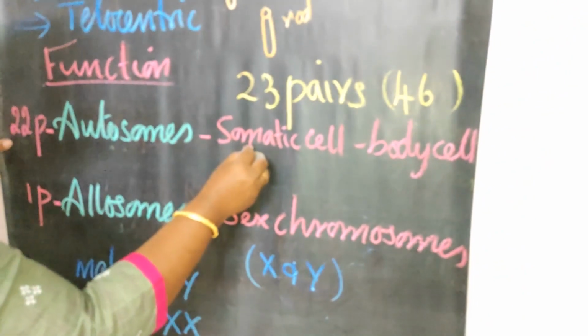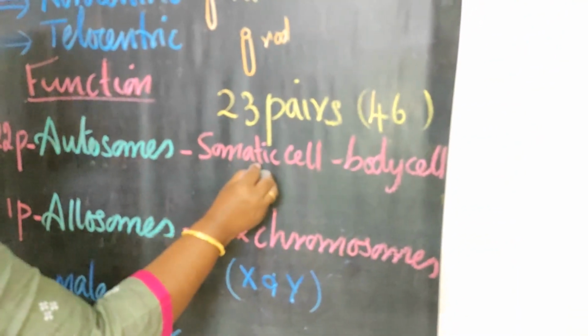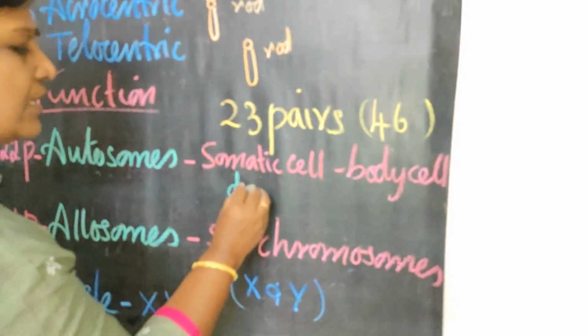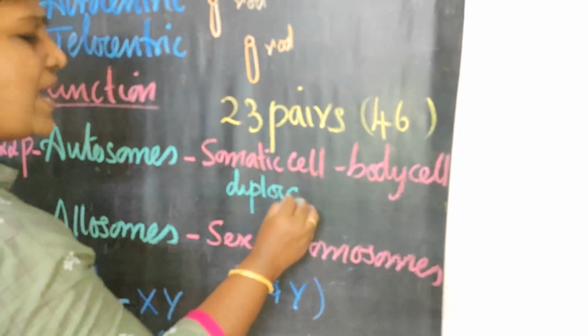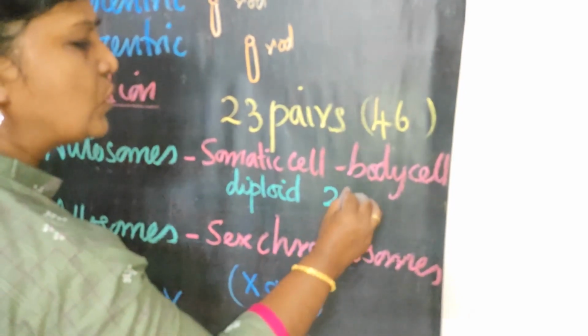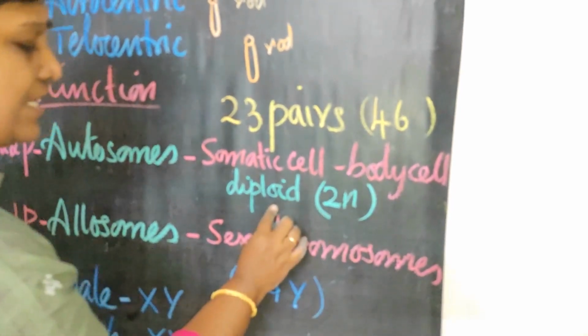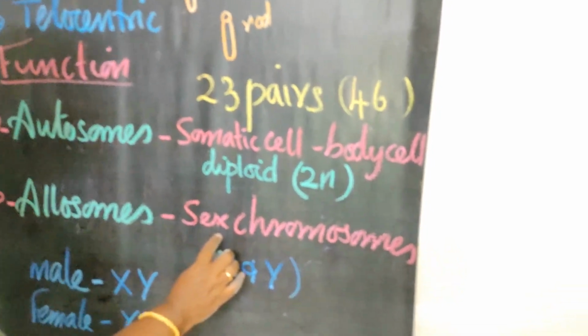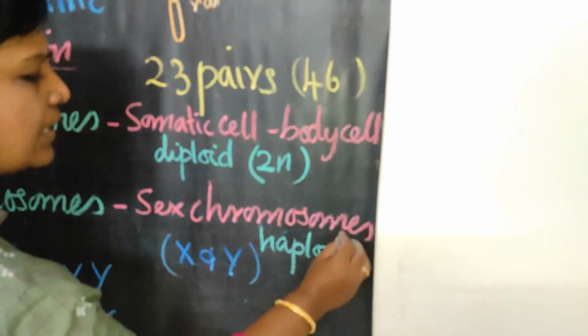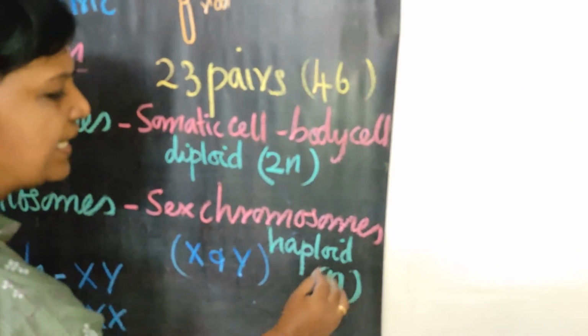Now these somatic cells are always diploid in number, that is 2n. And the sex chromosomes are always haploid, that is only 1n.